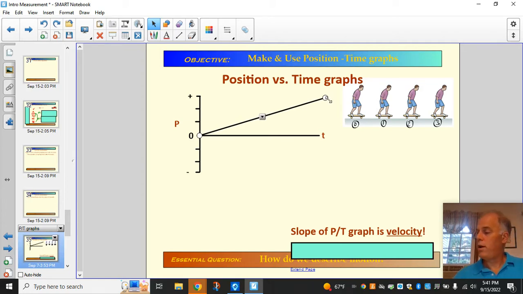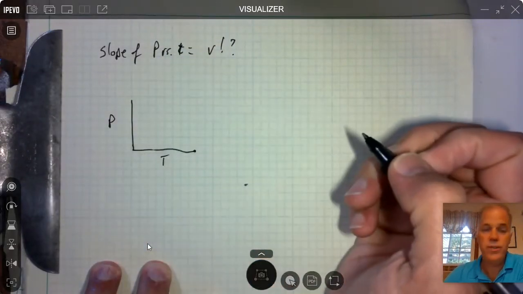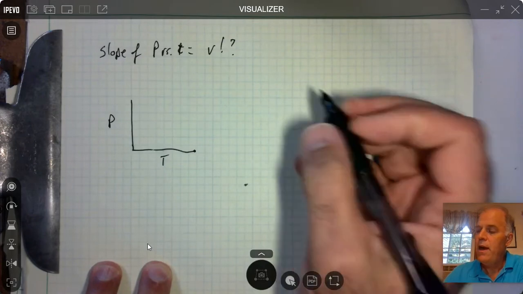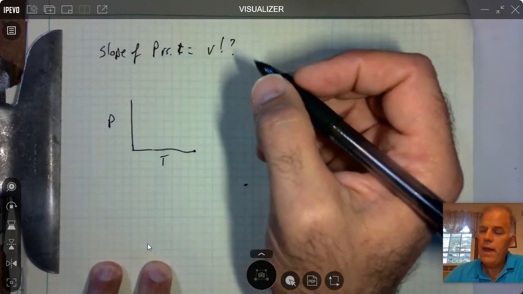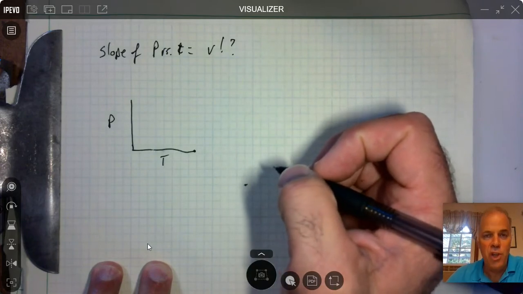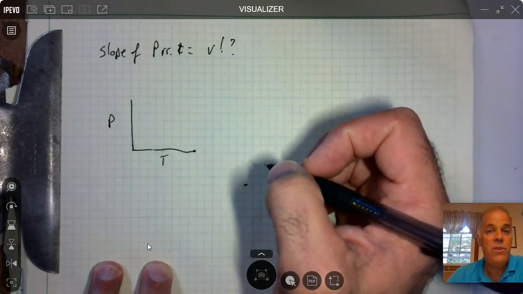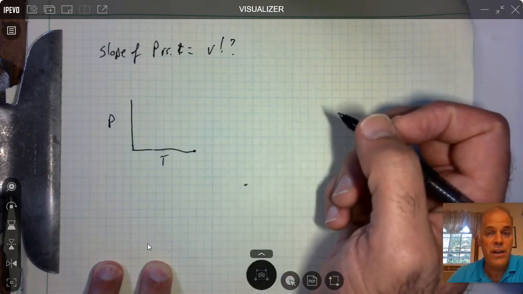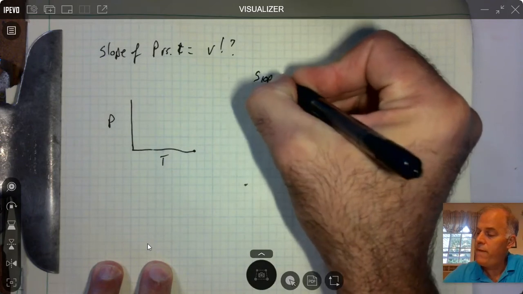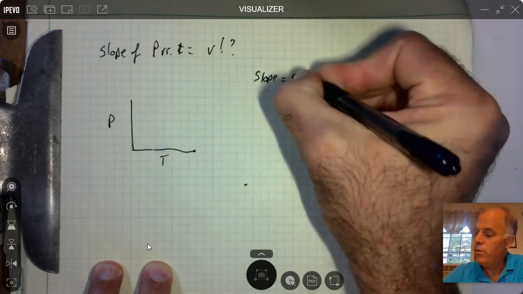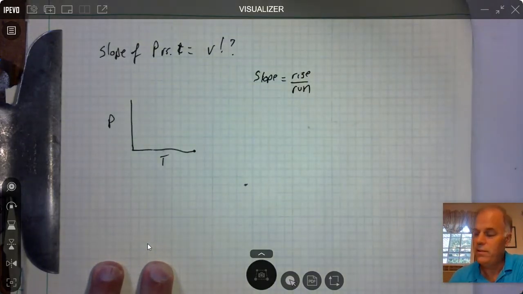Now, why does this work? So this is position, this is time, this is our graph here, okay? Now, how do we calculate the slope of a graph? From your math class, from way, way back. How do you calculate the slope of a line on a graph? Slope equals the rise over the run, as you recall.